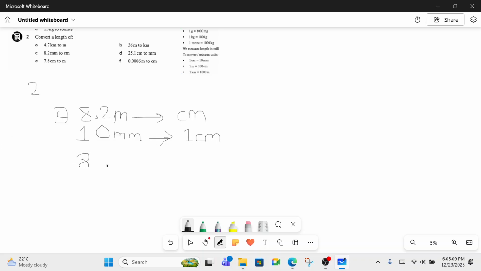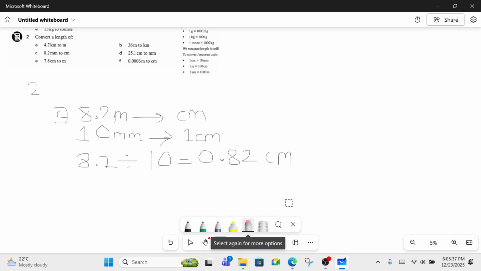So 8.2 divided by 10 gives us 0.82 centimeters. Okay, this is our answer for 2C. Let's move to the next question.